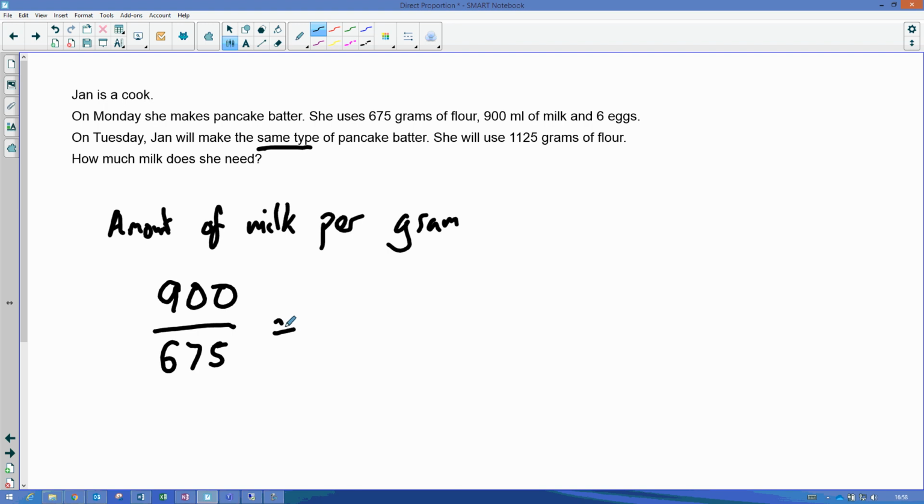Now, if this was a non-calculator paper, we could deal with this by cancelling. You can see, because these numbers end in 0 and 5, that 5s go into this. So if I divide 900 by 5, 5s into 9 go once, 4 over, 5s into 40 go 8, 5s into nothing go nothing.